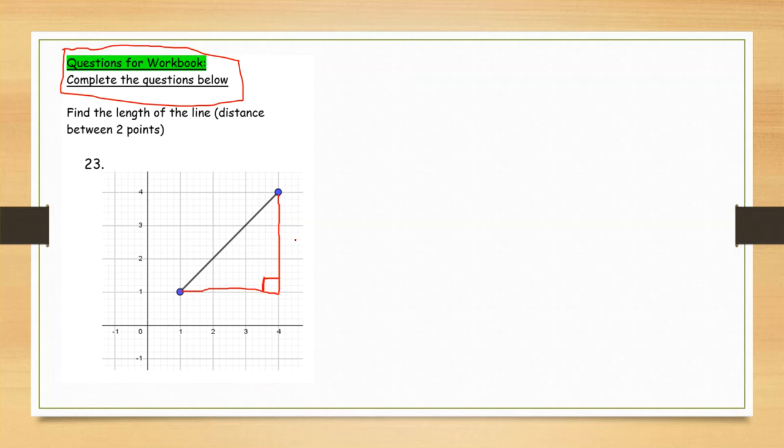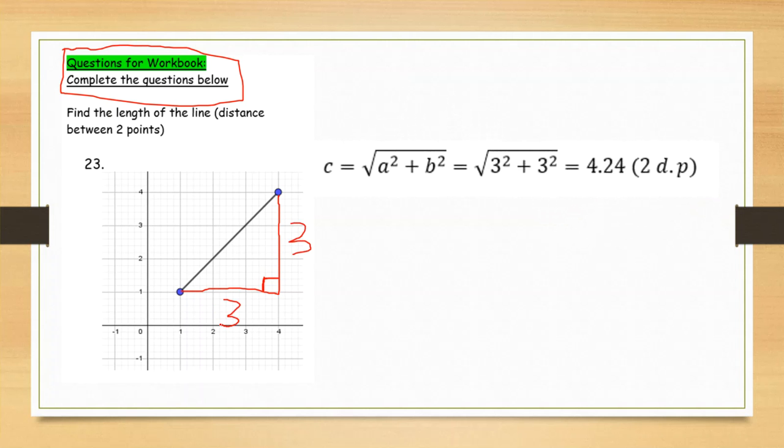So you can kind of think about rise over run, except for now it's going to be rise squared plus run squared, because it's actually Pythagoras' theorem. So this side is 3, this side is 3. So Pythagoras' theorem, it's not gradient. A squared plus B squared, 3 squared plus 3 squared, which is 4.24 to 2 decimal places.